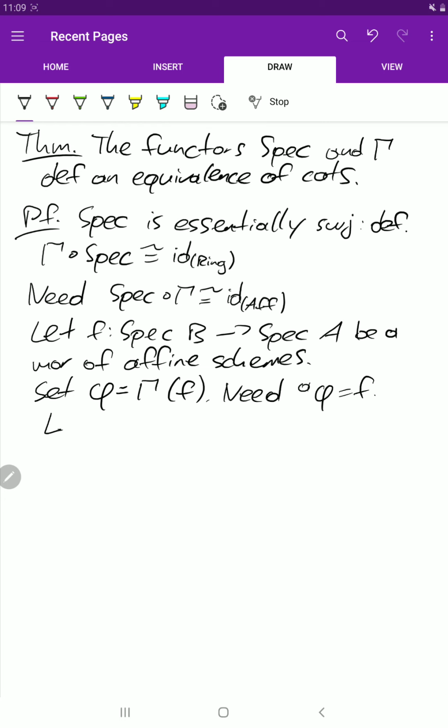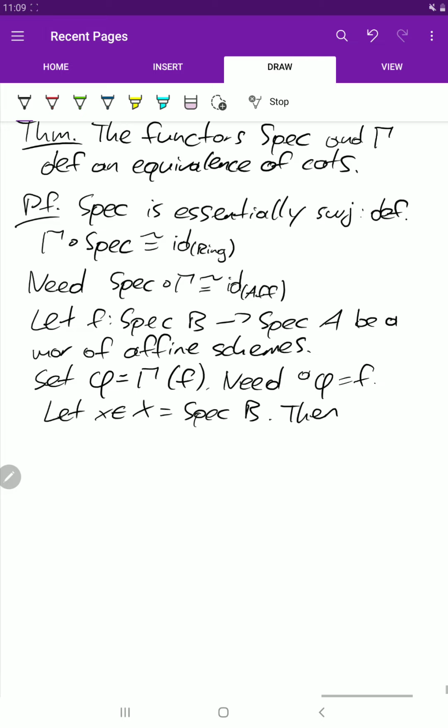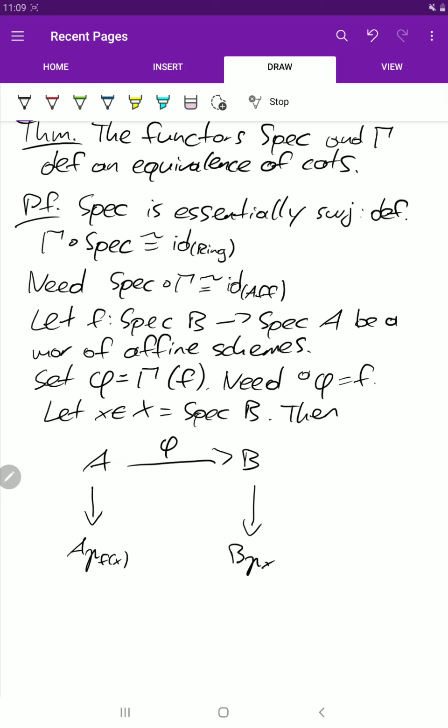So how do we get this? Let's take a point x in X, which is the spectrum of B. And now let's have a look at the following commutative diagram with A, phi, B. We have A and then the prime ideal corresponding to f of x, and the prime ideal corresponding to x.